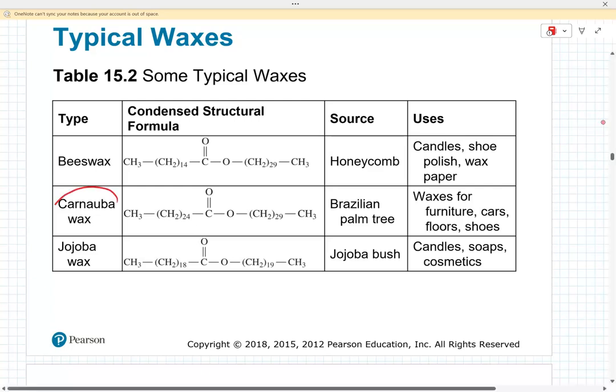You know, carnauba wax is used for cars. After you wax, imagine, I don't know if you did that or not, but if you wash the car and then dry it and then wax it, and then there's raindrops, they're just going to get away. Okay? You can see that waxes are used in a lot of cosmetic applications.